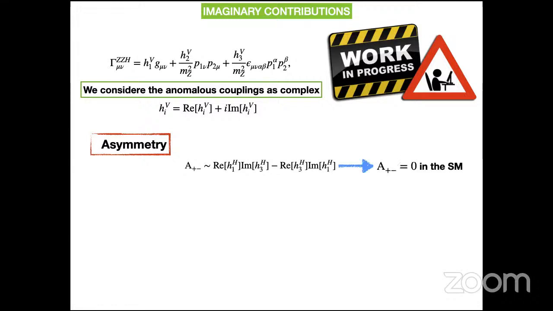I want to note that in the standard model this kind of asymmetry is 0, but if we include anomalous couplings, it is not 0. So it is very interesting.